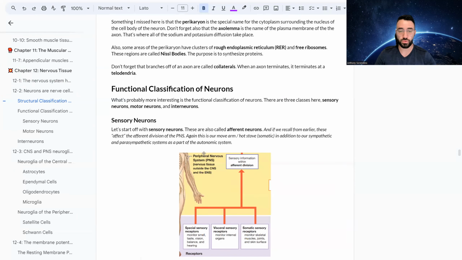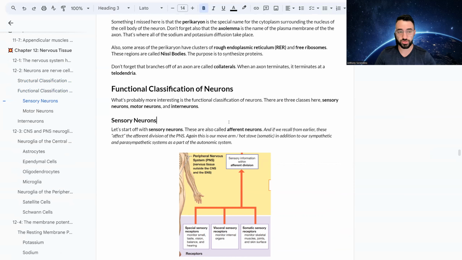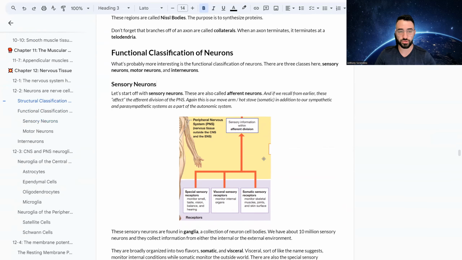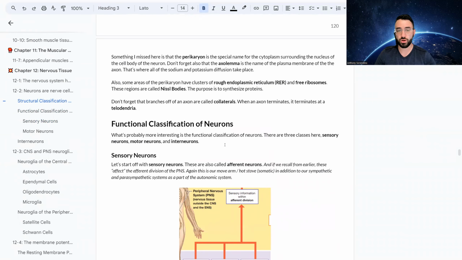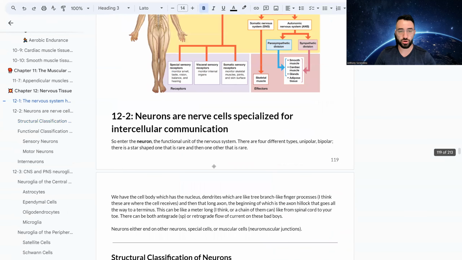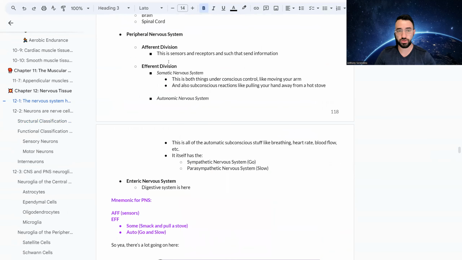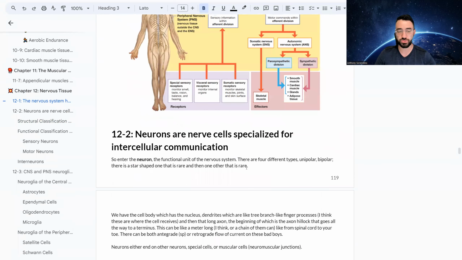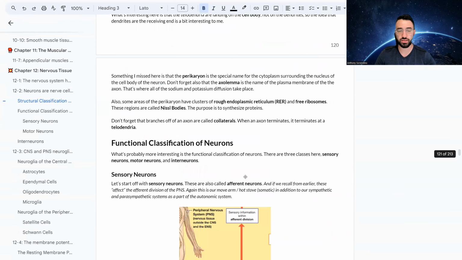All right. So we can break the classification of neurons down based on their function. So either sensory, motor, or interneurons. So the sensory ones, also known as afferent neurons. And again, if we go back to the afferent division, these are sensors and receptors that are kind of collecting and sending information.